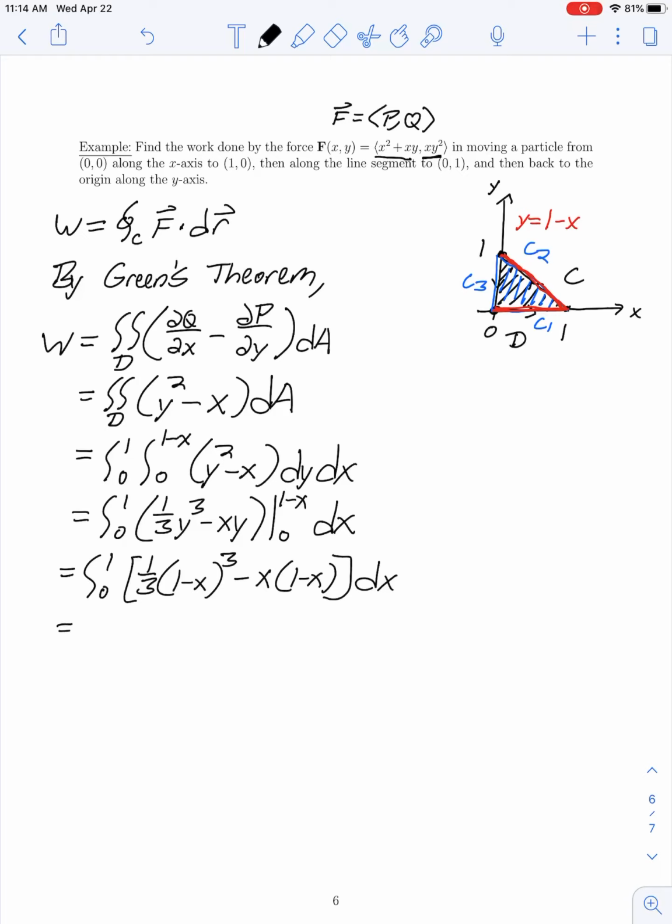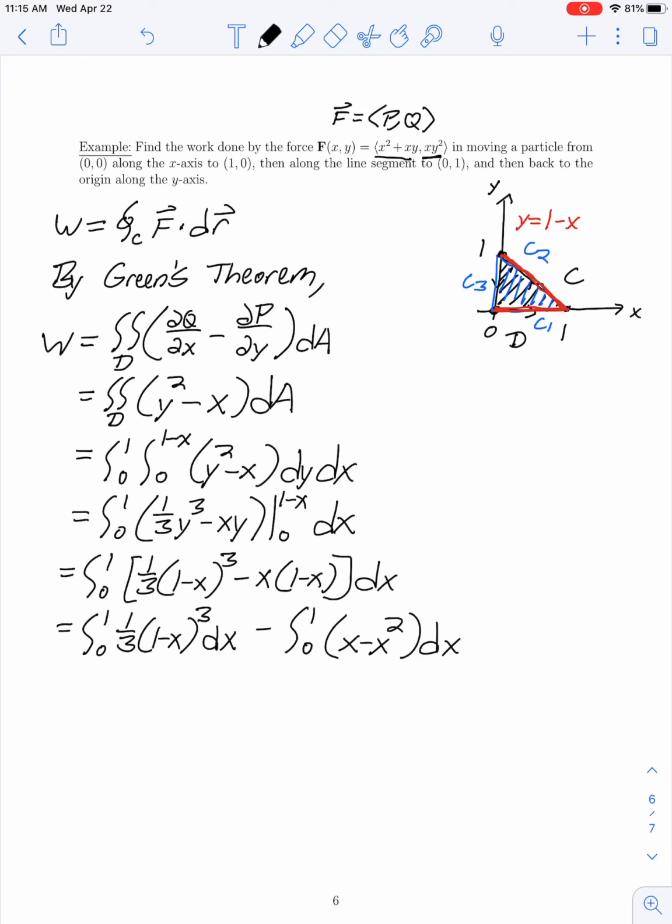So to evaluate this, we could do it in a couple of parts. If I split this integral, I would have the integral from 0 to 1 of 1/3 (1 minus x) cubed dx minus the integral from 0 to 1. If I distribute my x, I would have x minus x squared dx.